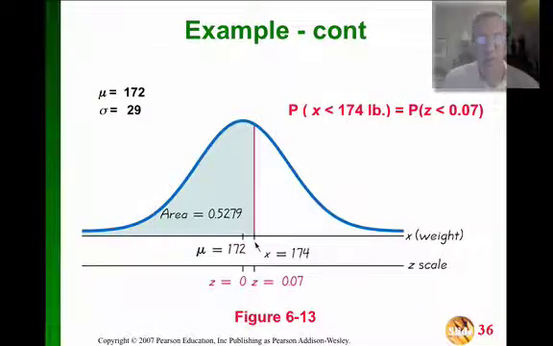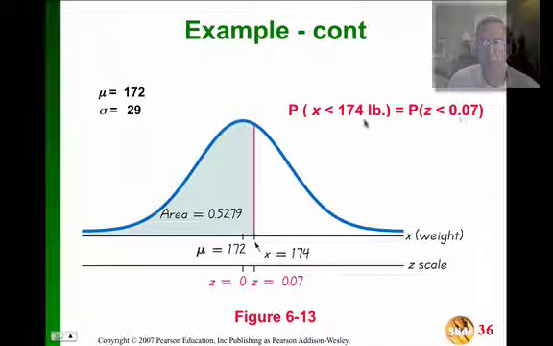Key concept: once you calculate that z-score, the likelihood of z being less than 0.07, which we looked up in the table, was 0.5279, and the likelihood of that physical world value that you tested matches this z-score.